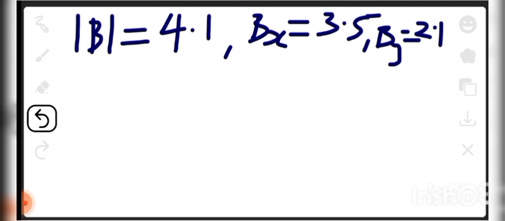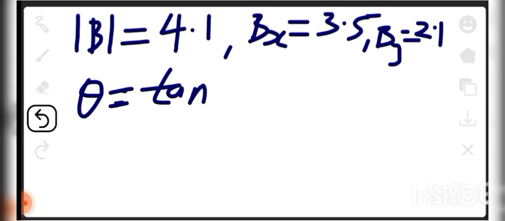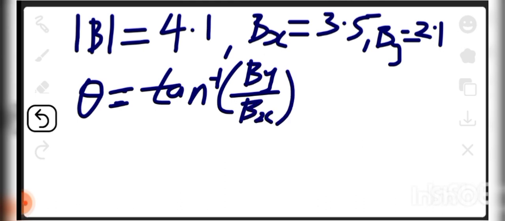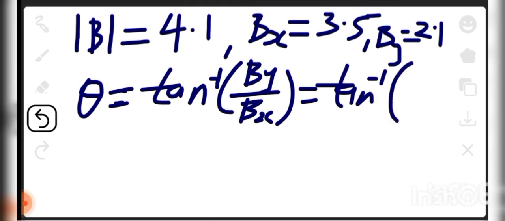So if I ask you where the angle between B and the positive x-axis is, you check Bx and By. Are they both positive? Yes, they are both positive. So you can use this formula, tan inverse of By over Bx. That will be tan inverse of 2.1 over 3.5.